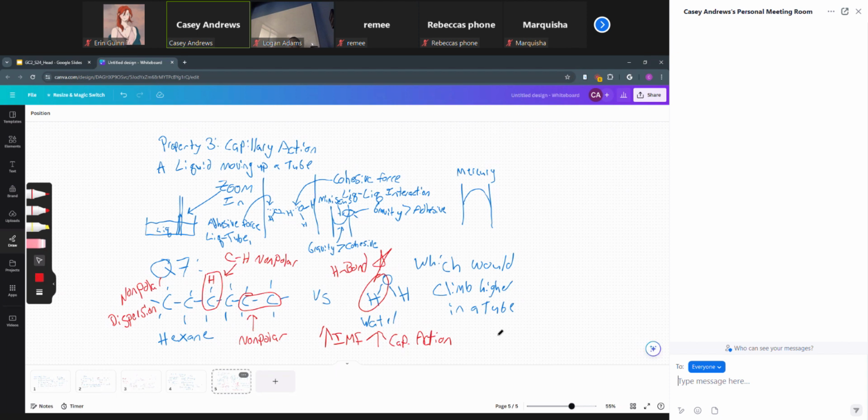When you're talking about adhesive forces, that is still between the tube and the water. The salt isn't playing any part in that, but I'm not 100% sure. Salt water might climb higher. I actually don't know that off the top of my head. My gut would say it would be roughly the same because it has to do with adhesive forces, and that's still water though.